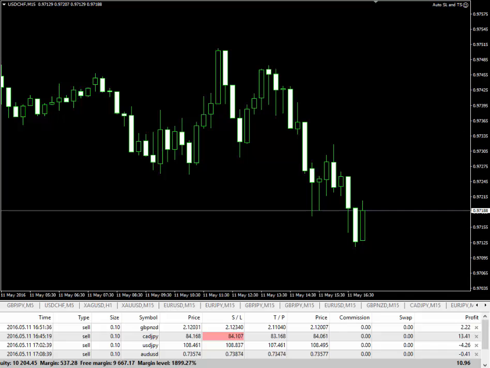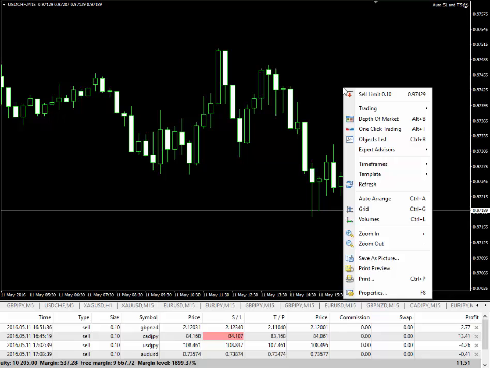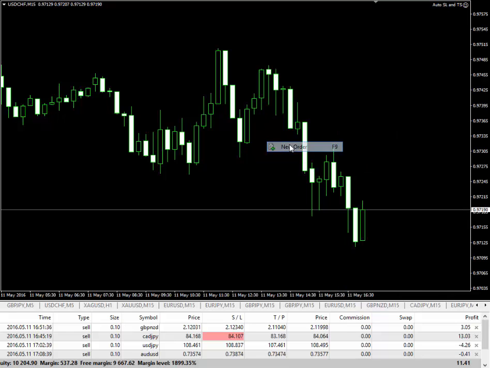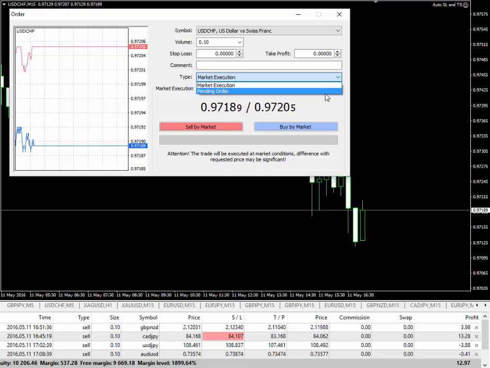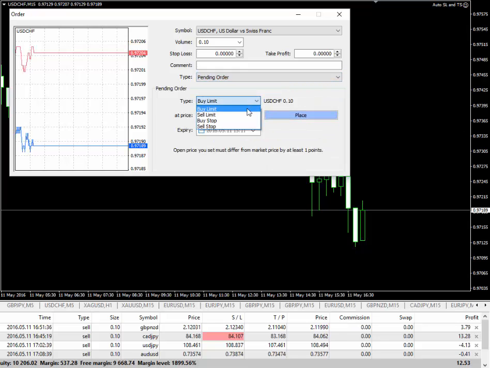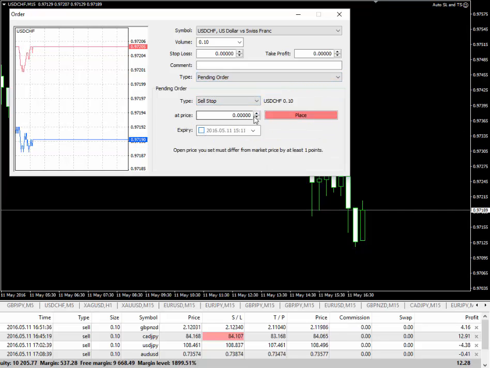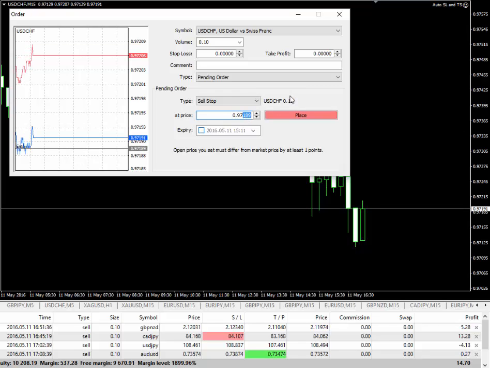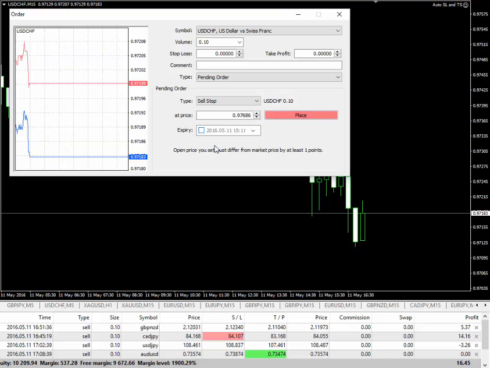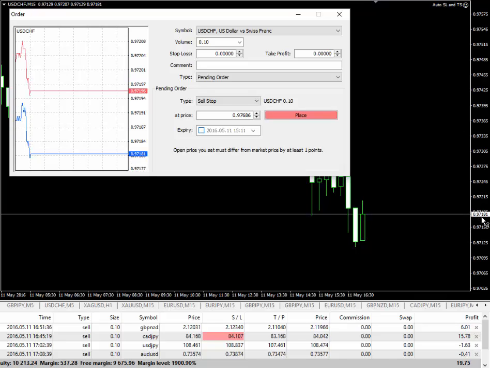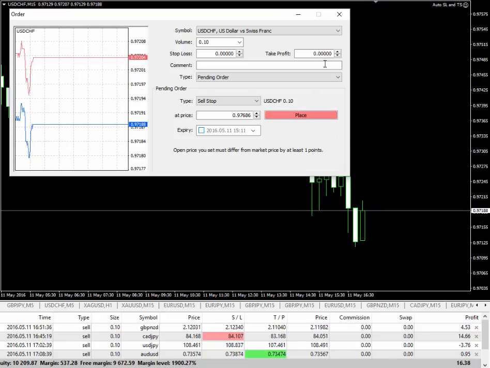USD Swiss franc sell at 97192. Go to trading, new order, pending order, sell stop, and the price is 97686. So you place your stop, 97686. Okay.